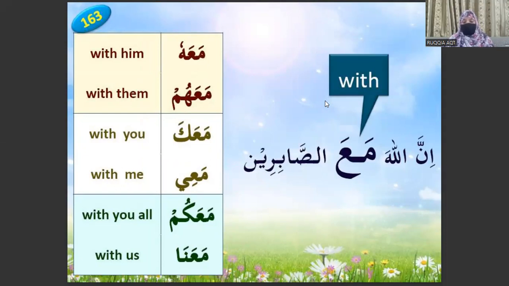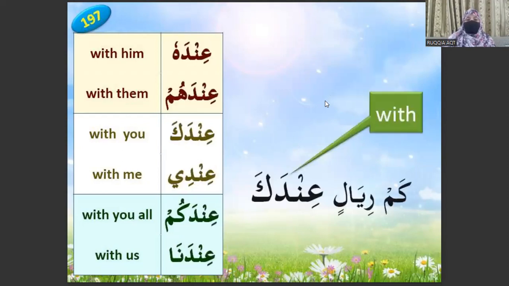Ma'ahu, with him. Ma'ahum, with them. Ma'aka, with you. Ma'i, with me. Ma'akum, with you all. Ma'ana, with us. Ma'aha, for her. Excellent, sister.